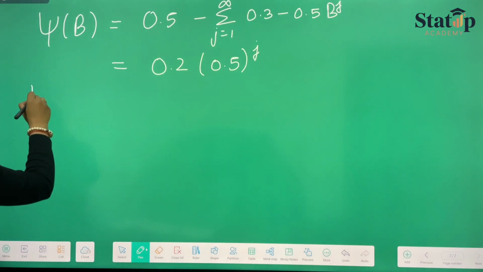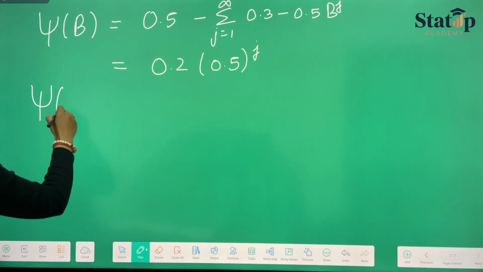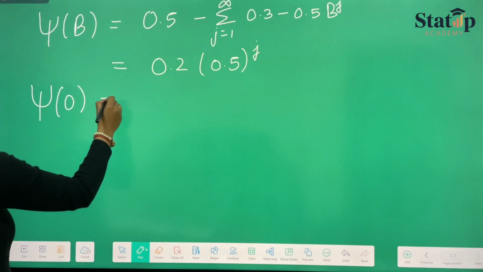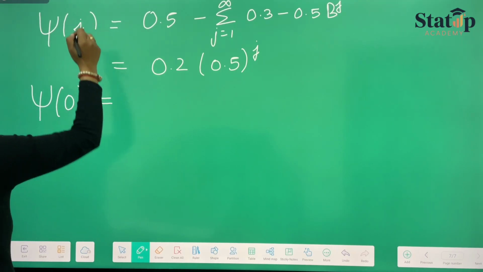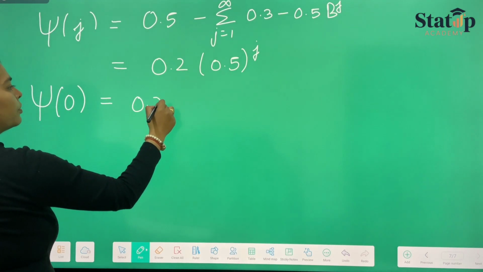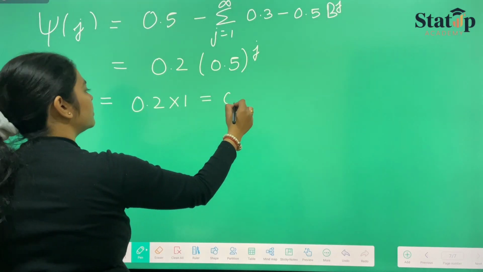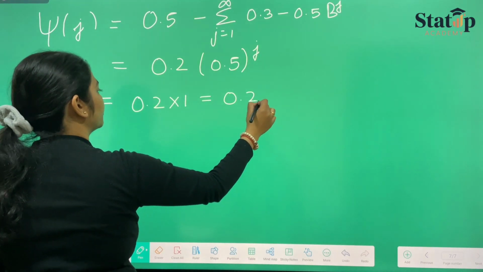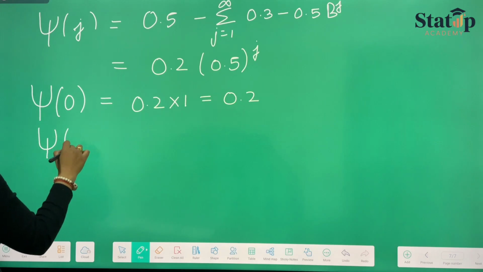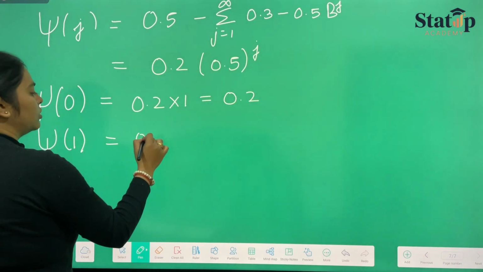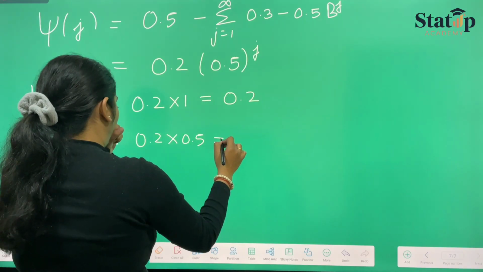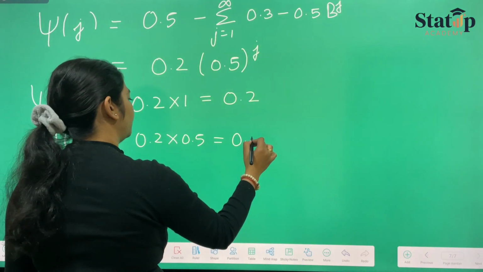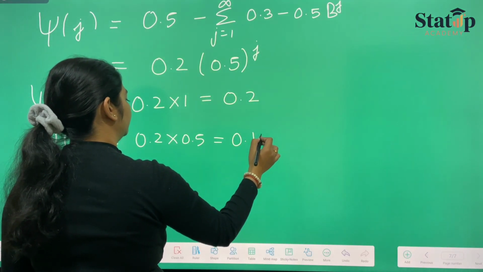Now if we have to find the first four coefficients, if we take the value of j as 0, it would be 0.2 into 1, it would be 0.2. Then if we take the value of phi 1, 0.2 into 0.5 is 0.10.